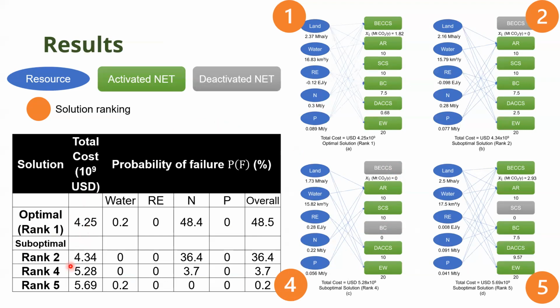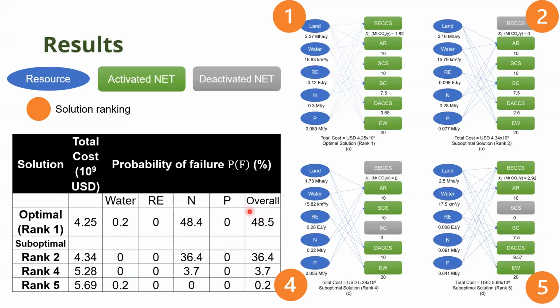So in terms of cost, let's look at the table. Obviously, the optimal solution has the lowest cost because the objective is to minimize the cost. Well, the rest of the solutions have increasing costs.